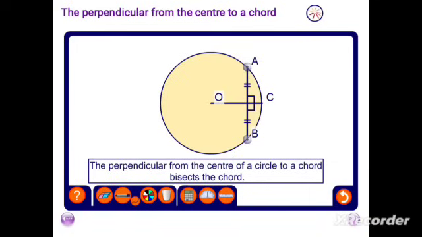As you can see, OC is the perpendicular height, and it is from the center of the circle, that is center O, to a chord, and the chord is AB. So that perpendicular length bisects the chord into two equal parts.